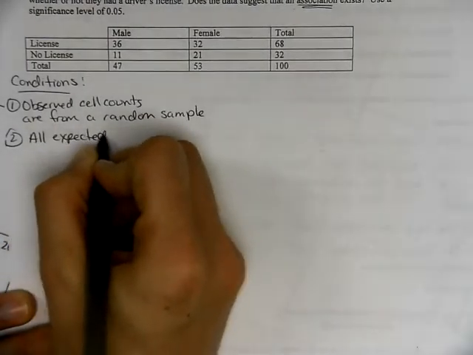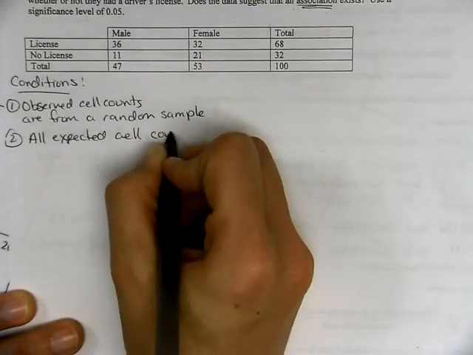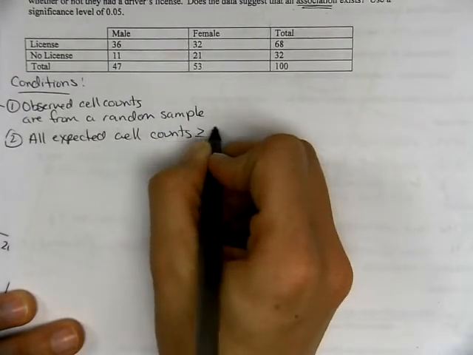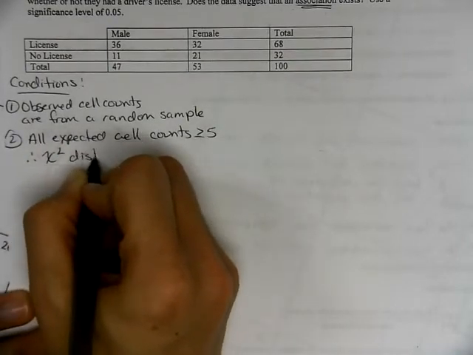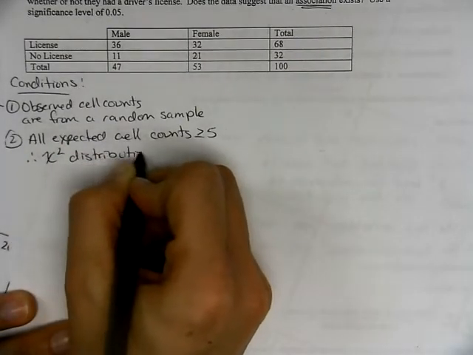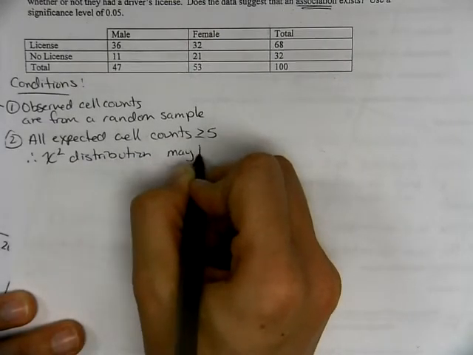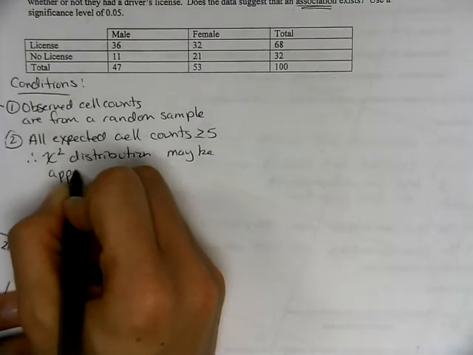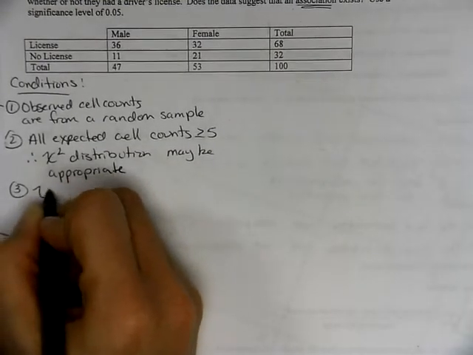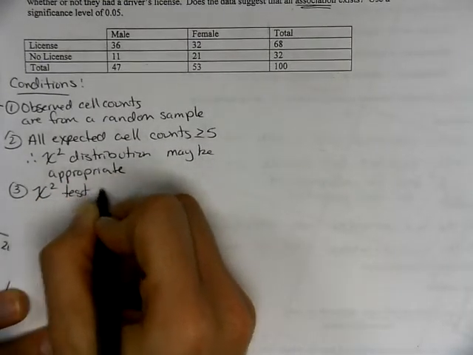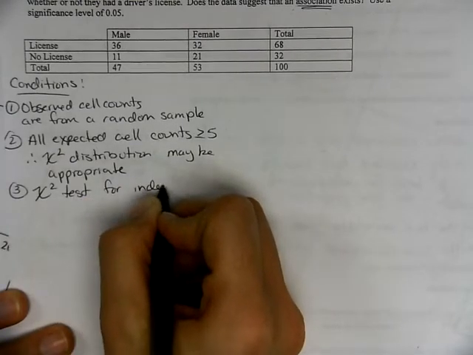All expected cell counts greater than or equal to 5. Therefore, chi-squared distribution may be appropriate. So this is chi-squared test for independence.